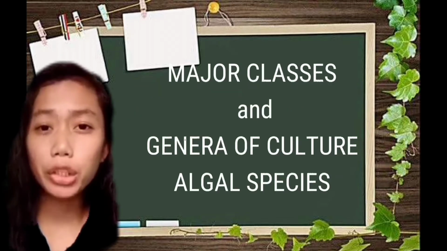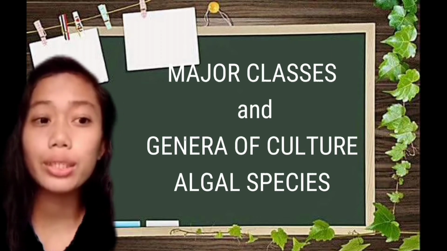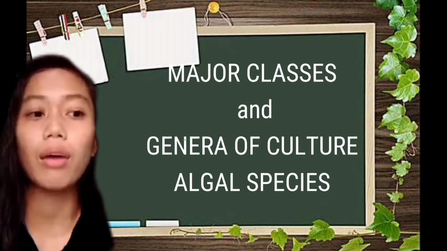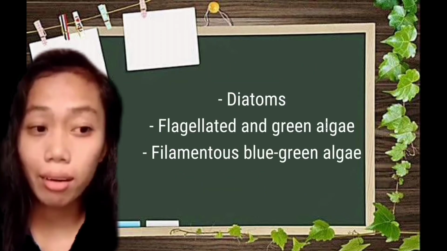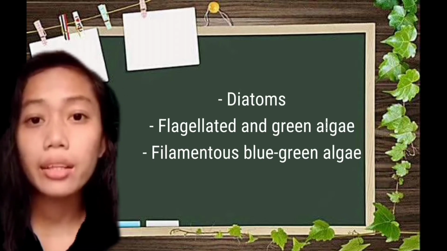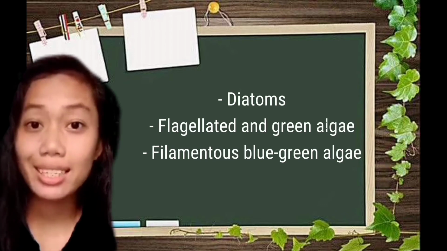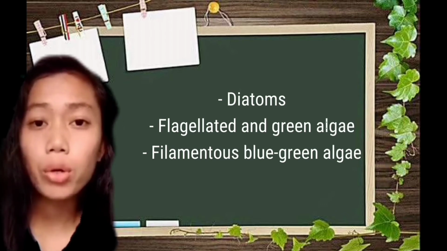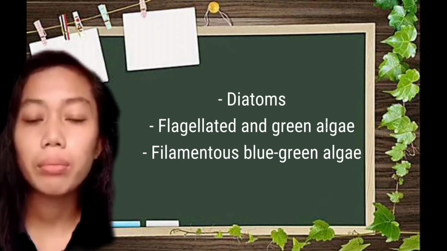These are the major classes of cultured algae that are currently used to feed different groups of commercially important aquatic organisms: the diatoms, the flagellated and green algae, and the filamentous blue-green algae, ranging in size from a few micrometers to more than 100 micrometers.